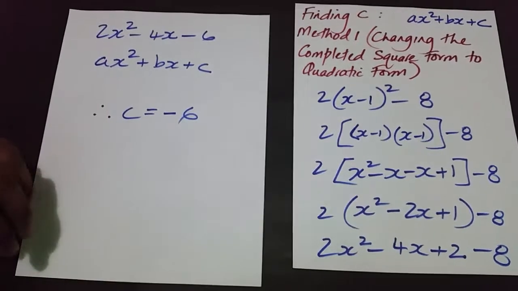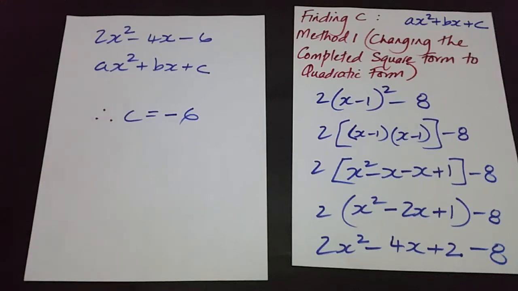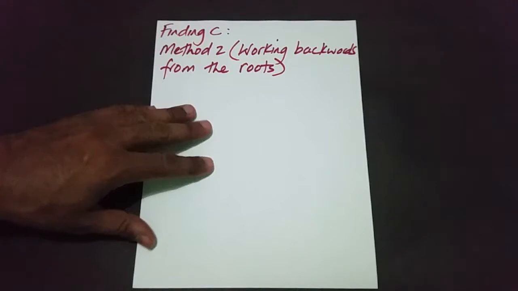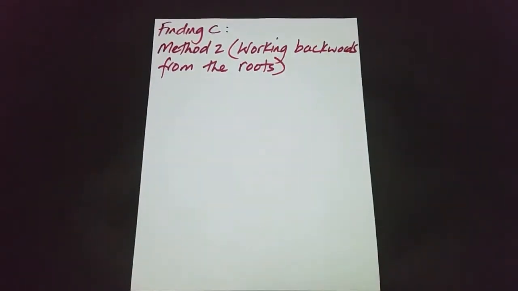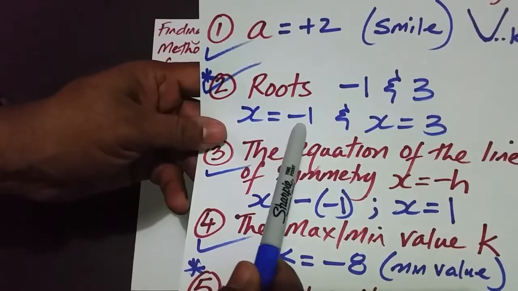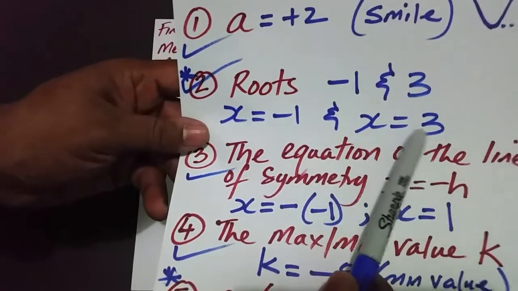Now, I'm going to look at another method, which is very, very interesting, and that is actually working backwards using the roots, and that is a very interesting way to find c as well. So working backwards using the roots, and let us remind ourselves what the roots were. So the roots were negative 1 and 3.